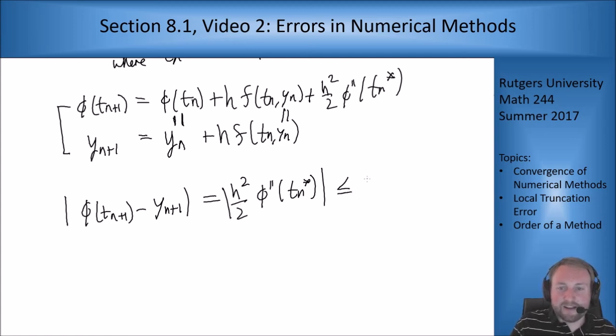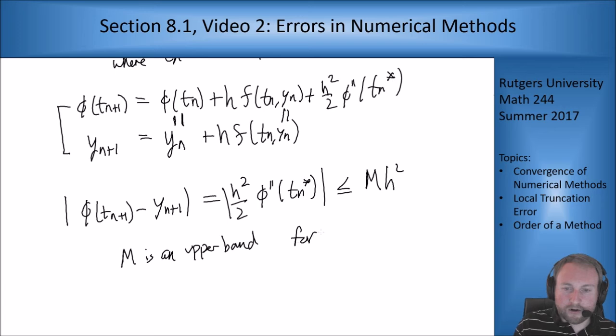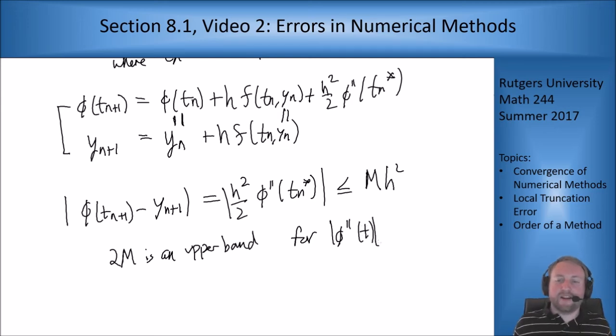is basically some constant times h squared, where m is just an upper bound for phi double prime. For, I guess, 2m is an upper bound for phi double prime, just the function as a whole. So how big could this function be? It's some continuous function. I can just bound it. And if I bound it, I know that I'm going to be within m times h squared at my next step.